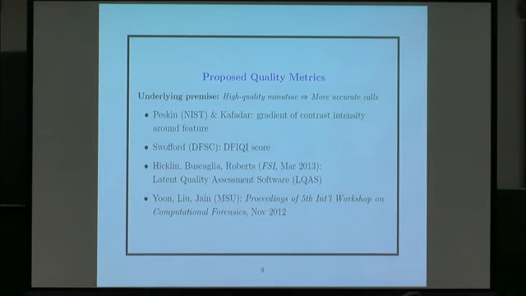Hicklin and company, he works at Noblis and works with the FBI folks on developing a latent quality assessment software. Apparently it has changed, so I just learned that on Monday from Joanne Buscaglia.